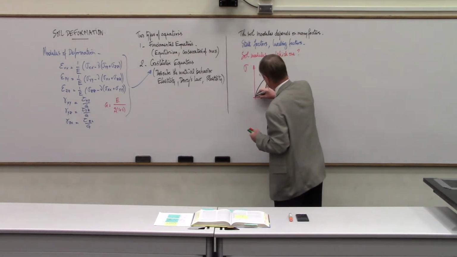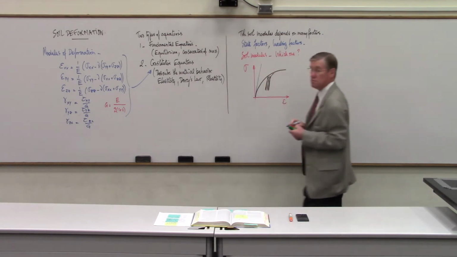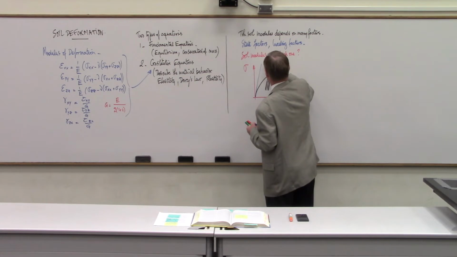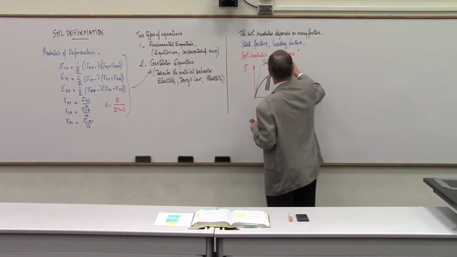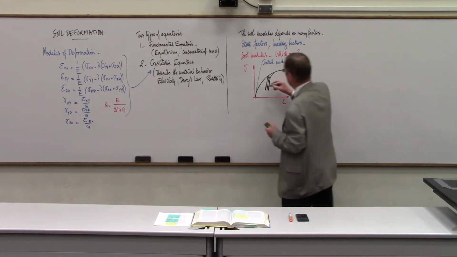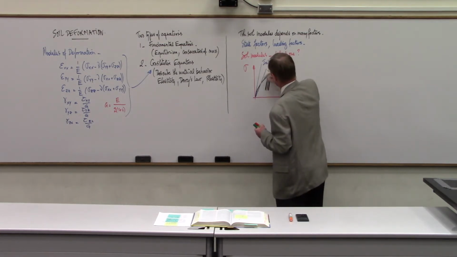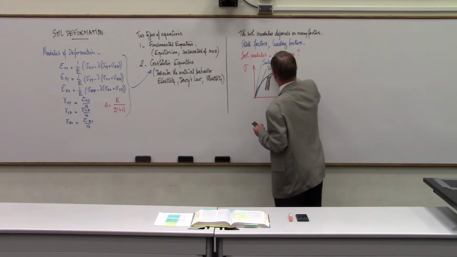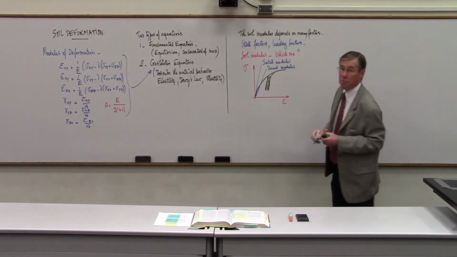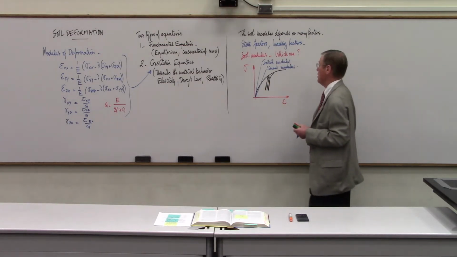First of all, you have the initial slope here. We typically call this an initial modulus associated with that slope. And then you have something that we call secant modulus, because it cuts through the curve up to a certain value of strength.